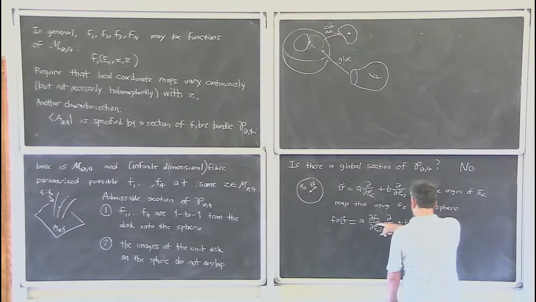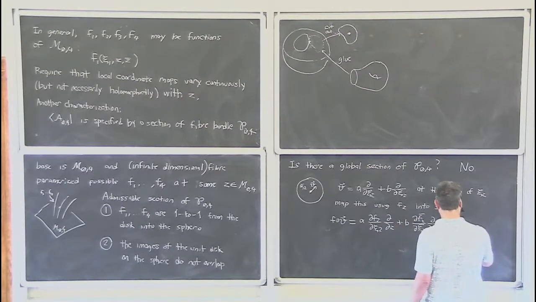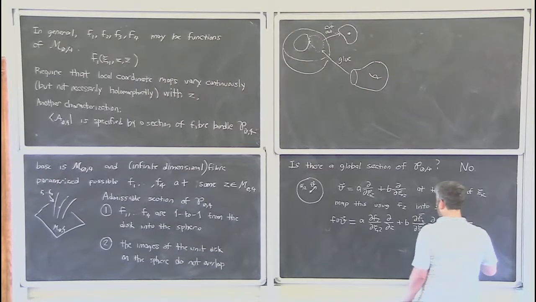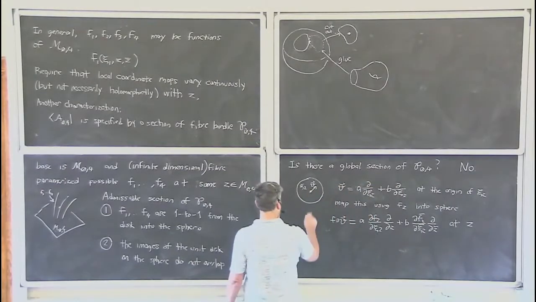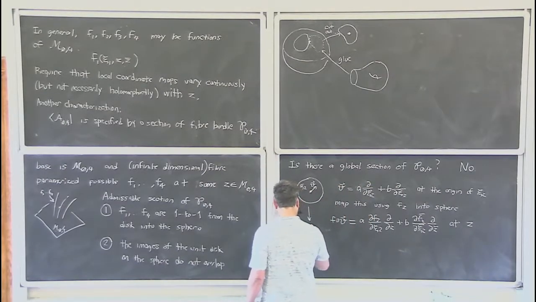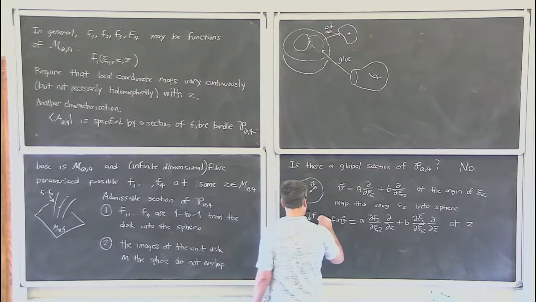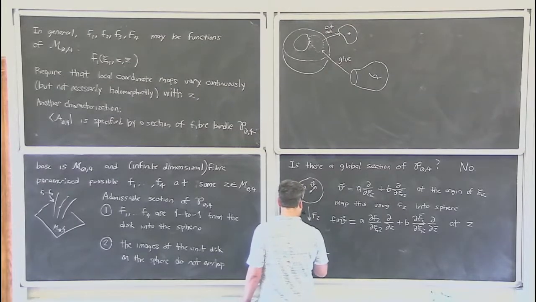And this vector will now sit at the point z. So now we've mapped with F2 into the complex plane, and we have some vector field which is located at z.